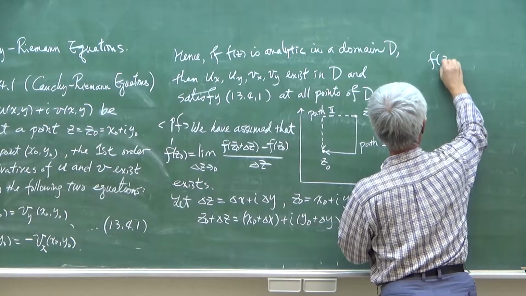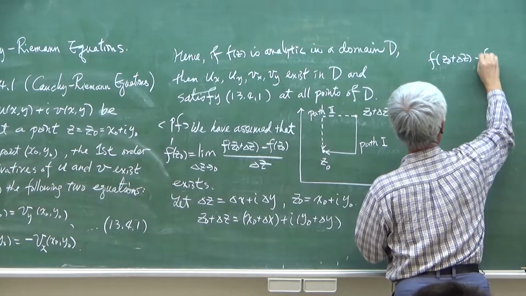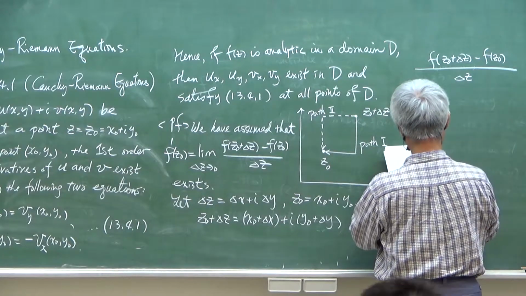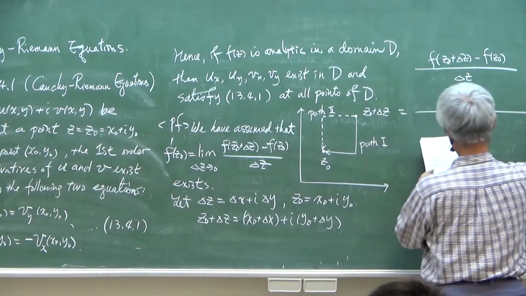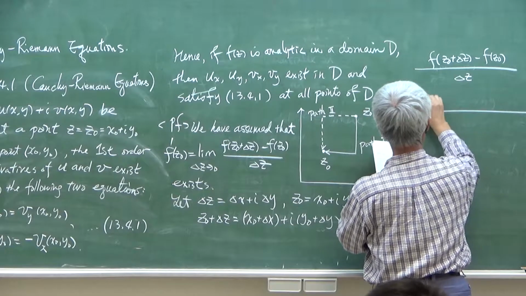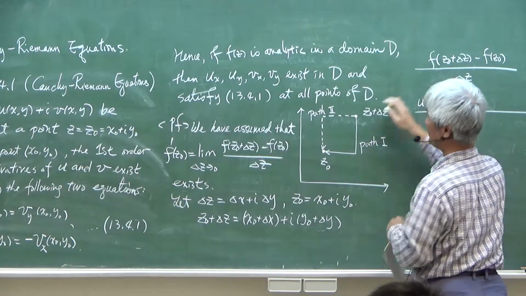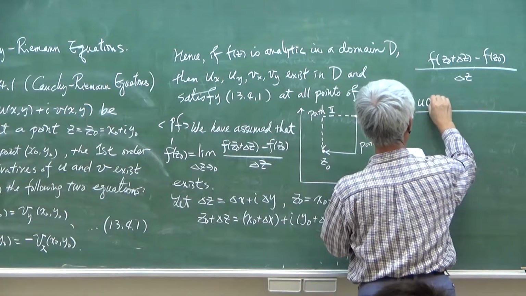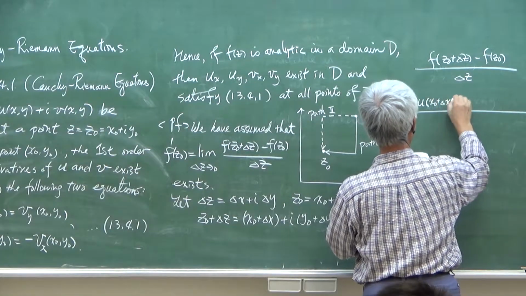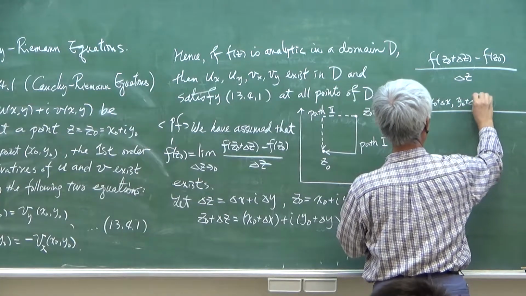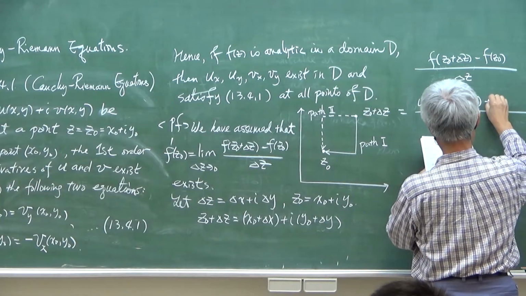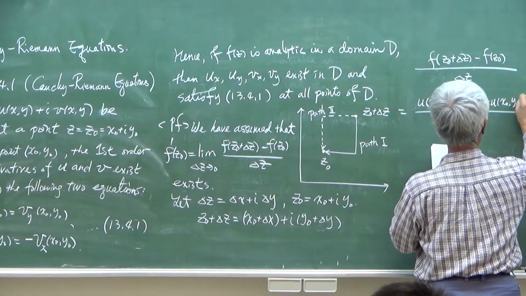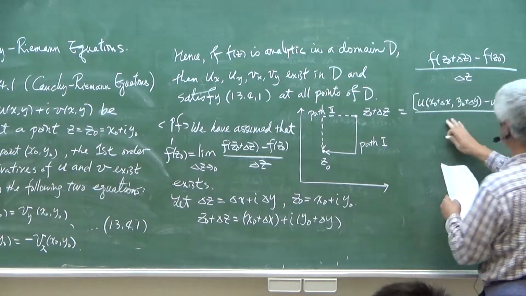All right, and now the ratio. We have u, and we use the uv expression here: u of x0 plus delta x, y0 plus delta y, minus u of x0, y0. This is the real part.